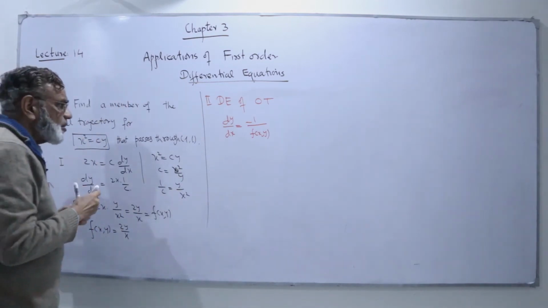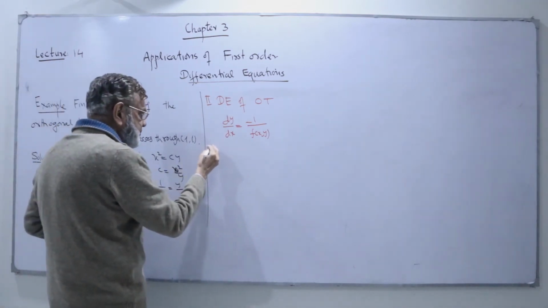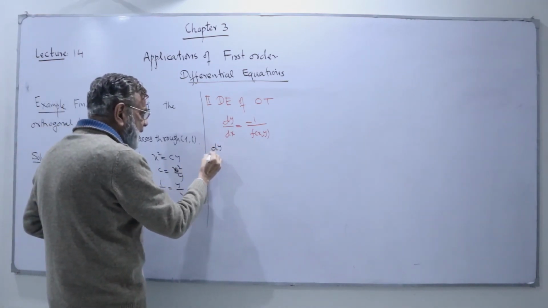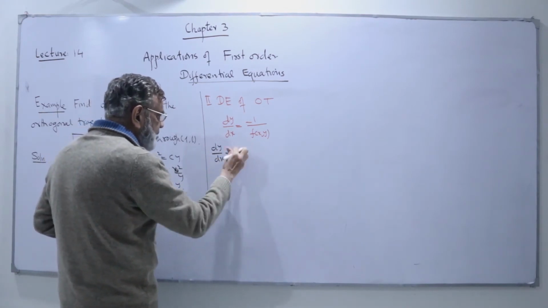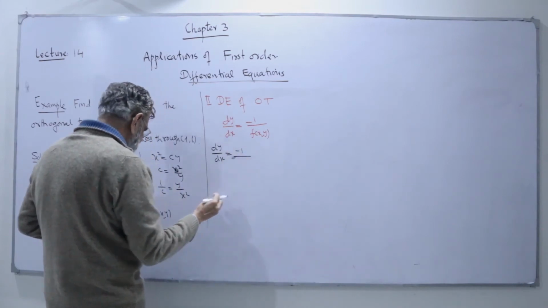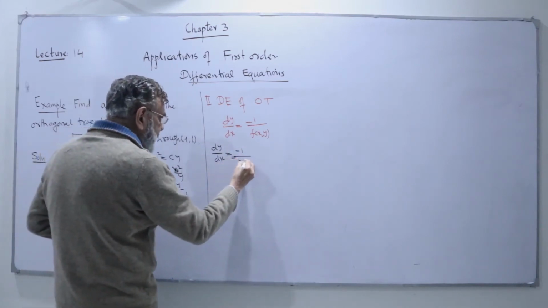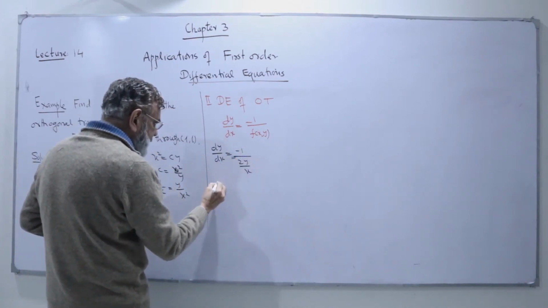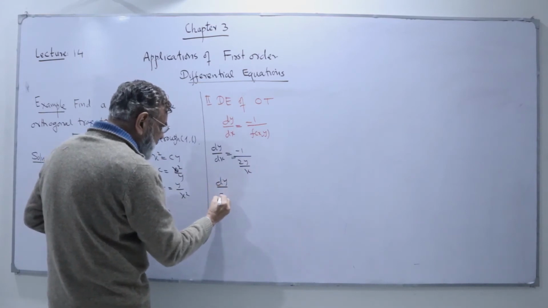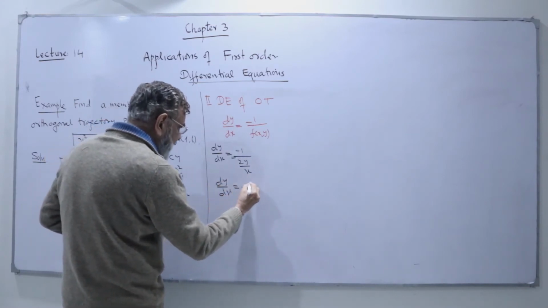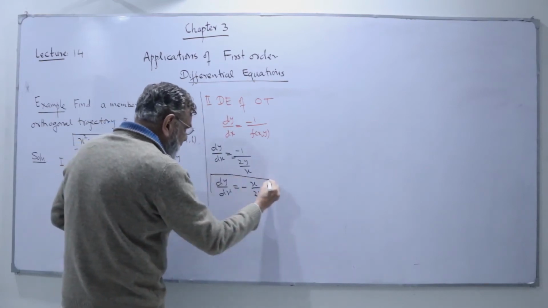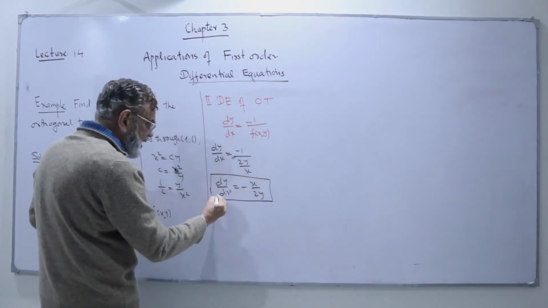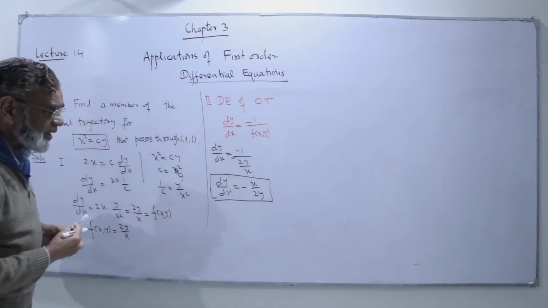My f(x, y) is 2y over x. I get dy by dx is equal to minus x over 2y, and this is my differential equation of the orthogonal trajectory that I want to solve to get the orthogonal trajectory.